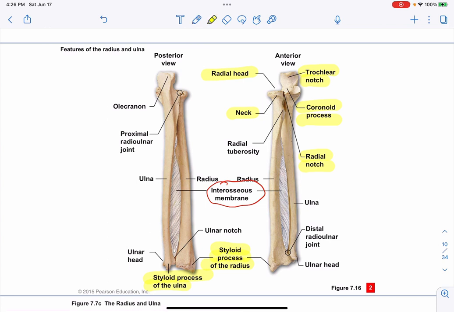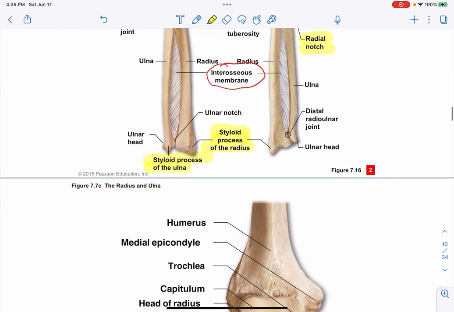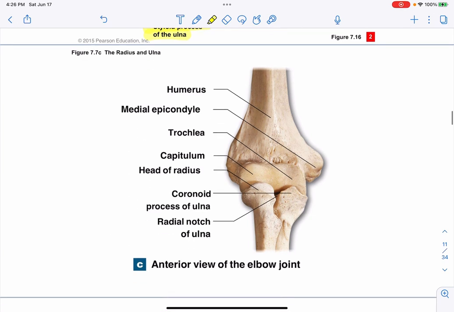Let me highlight the olecranon too. I want you to make sure that you know that as well. And then I think I have a couple other images from your textbook that highlight these articulation sites, and it has a more close-up view of it. So again, here's the humerus.